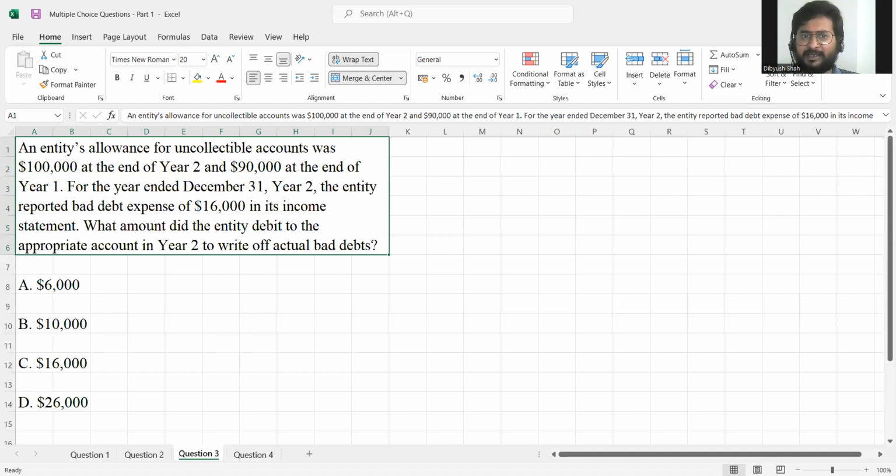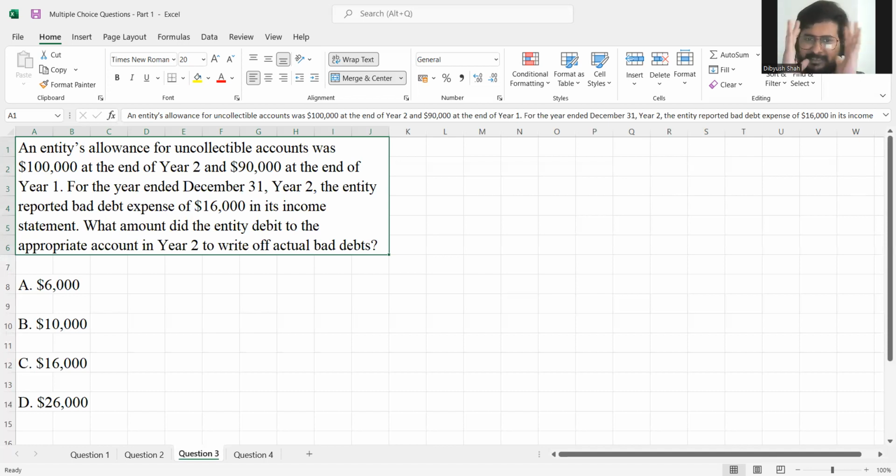For the year ended December 31 year 2, the entity has reported bad debt expense of 16,000 in its income statement. What amount did the entity debit to write off bad debts?